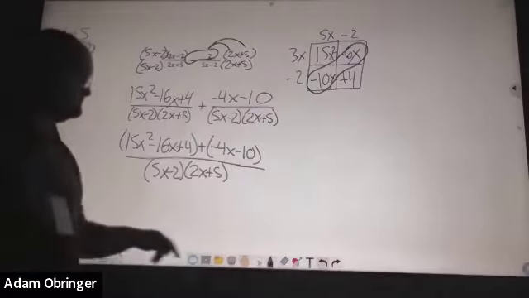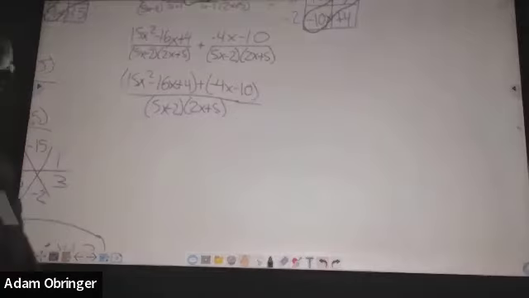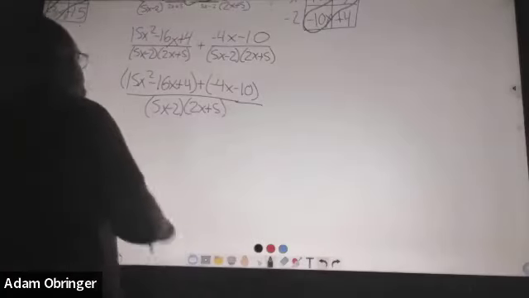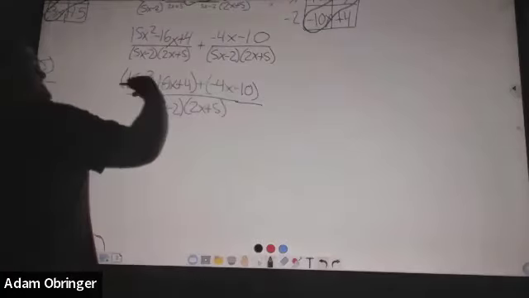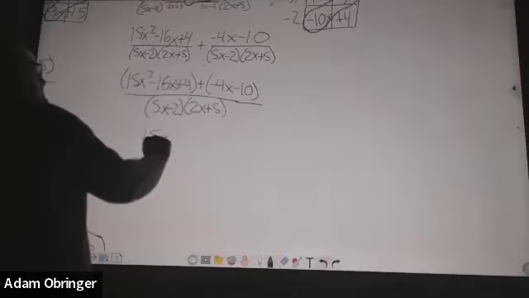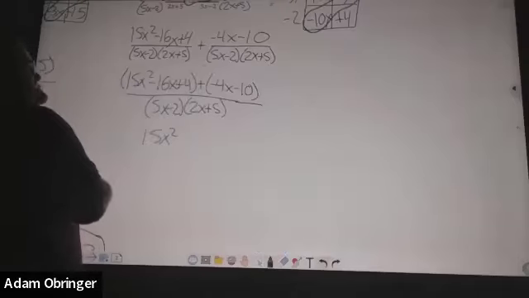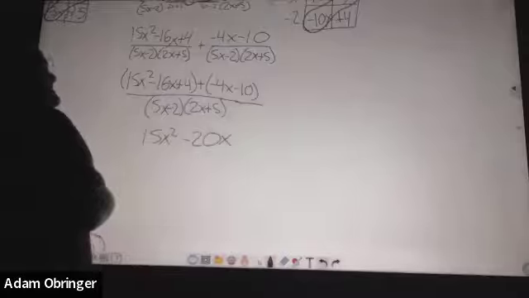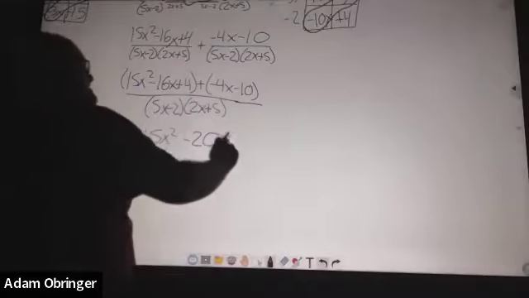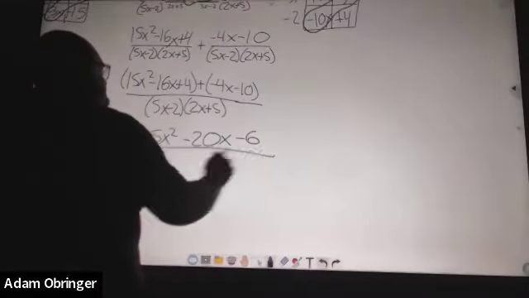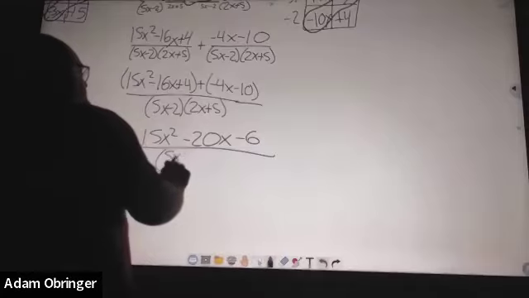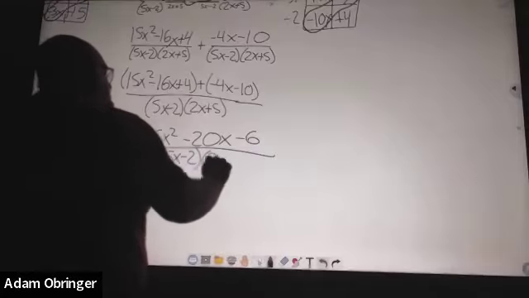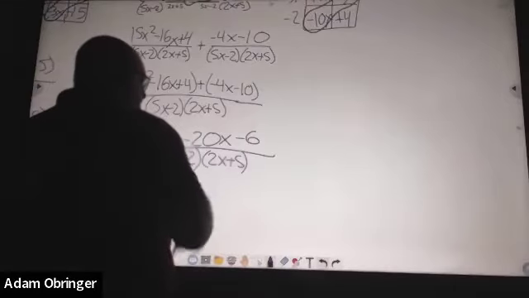Since we have addition, we're going to add our like terms. So 15x squared has no like term. Minus 16x is going to have a negative 4x, so making negative 20x. And a 4 plus a negative 10 is a negative 6, over 5x minus 2, 2x plus 5.